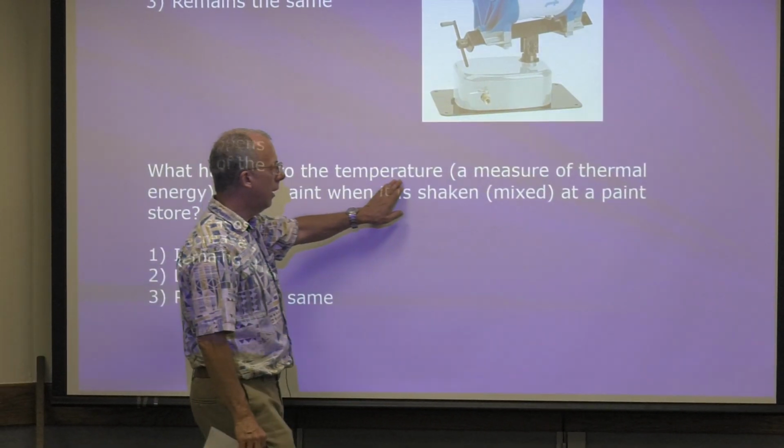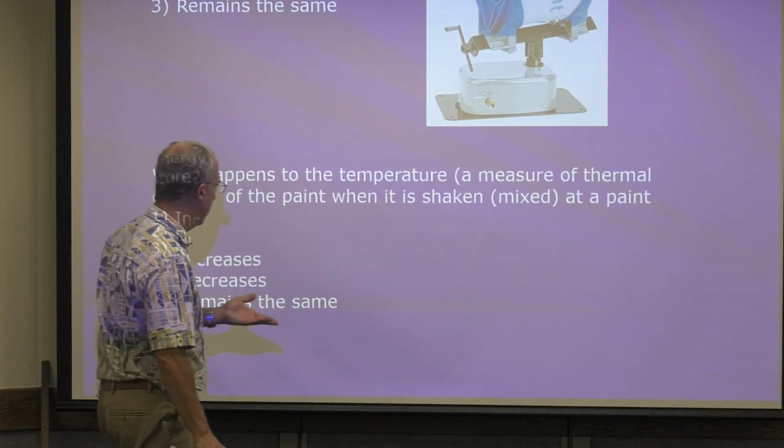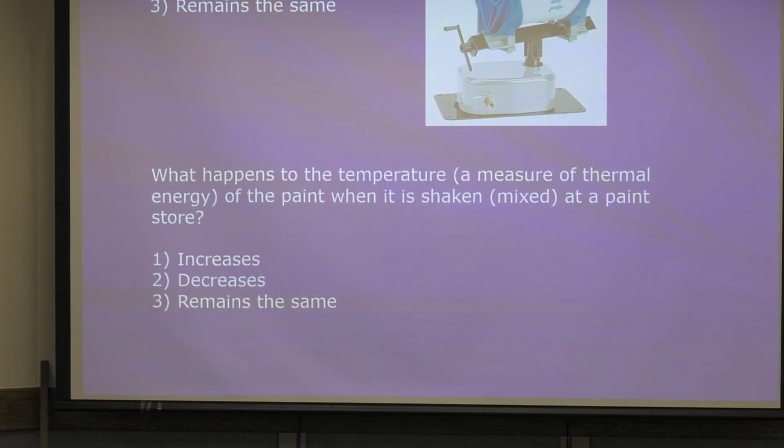And temperature is a measure of thermal energy. Well, we don't have to vote on that. It's sort of obvious, right? If the kinetic energy is getting larger and larger, the temperature is going to increase. So the thermal energy increases.